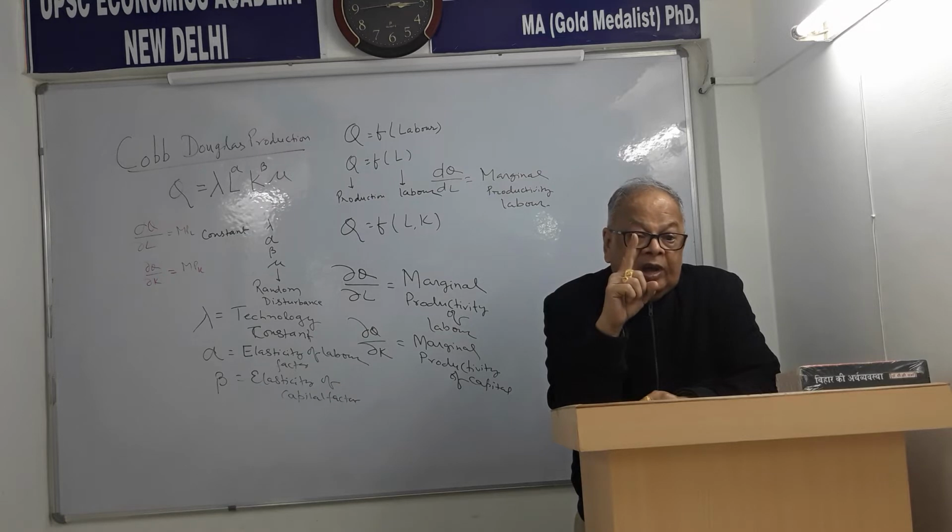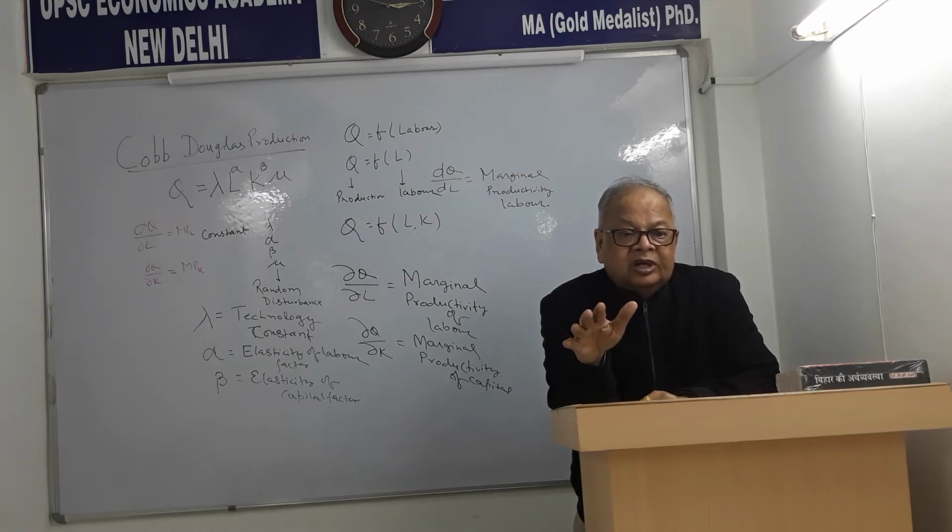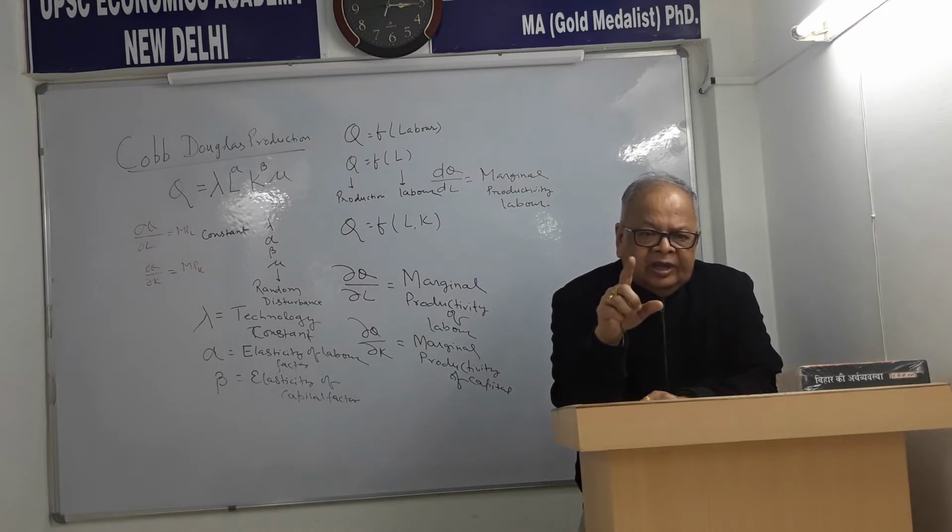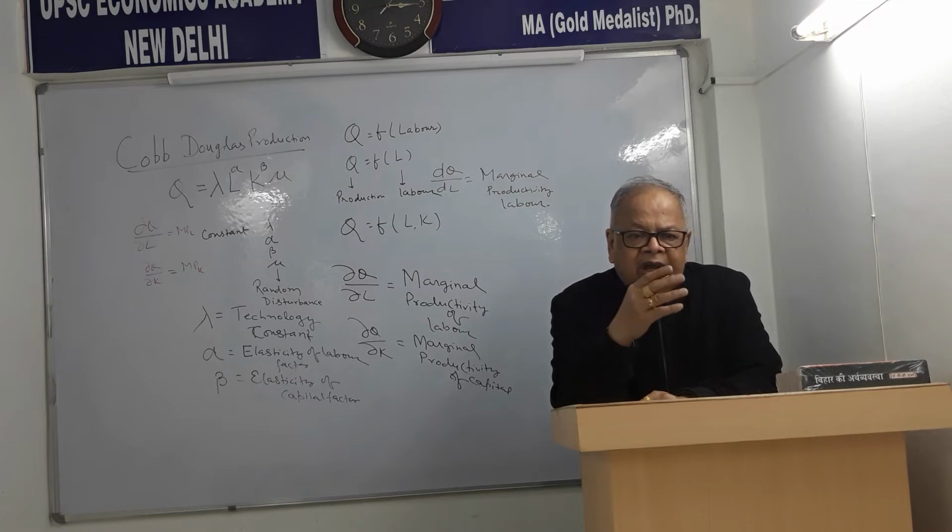Then when one factor is variable and other factors are constant, this production function is known as short-term production function. And this is explained through laws of returns. Clear? Laws of returns is the case where one factor is variable and rest all factors are fixed, constant.